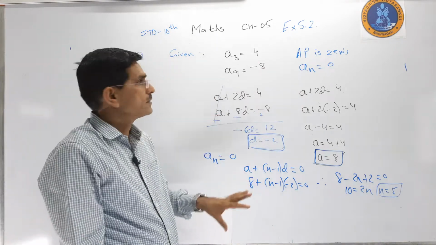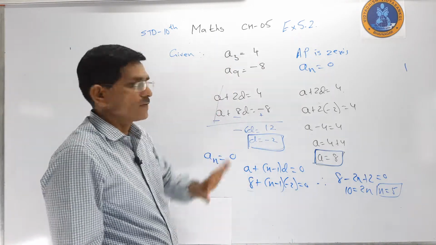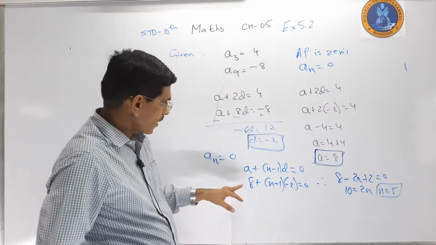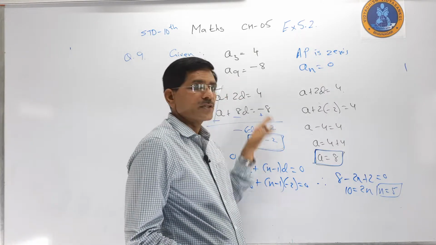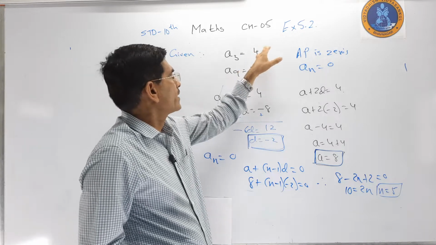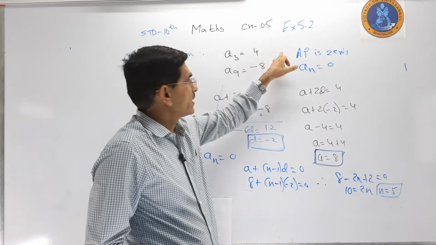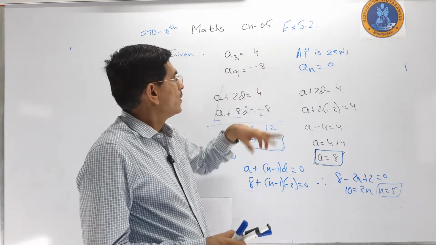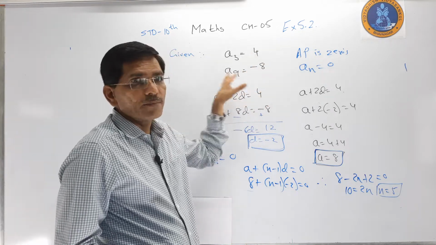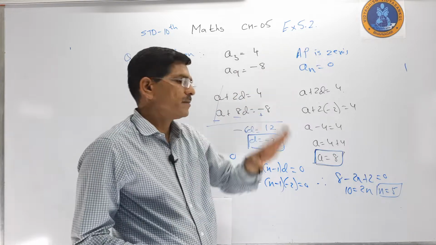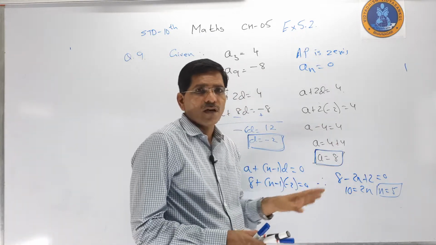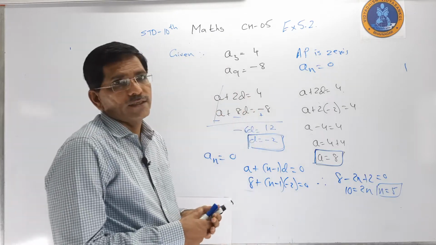Again the question is, A3 is given as 4, A9 is given as minus 8. What is D? Minus 2. So 4 minus 2 is 2, minus 2 is 0, and going on up to the ninth term, the nth term is the fifth term, we get 0.